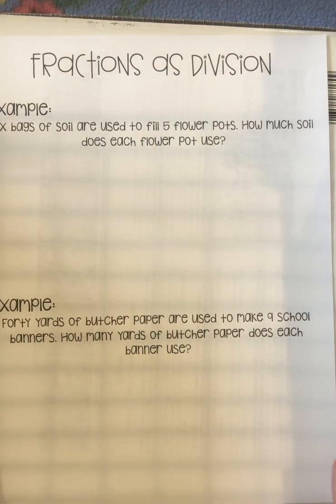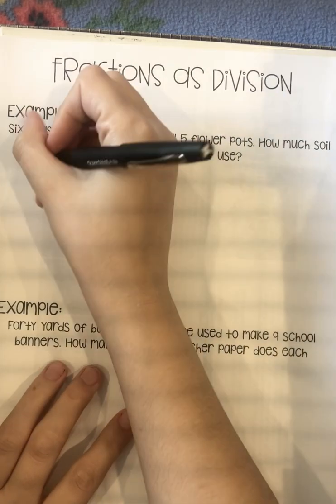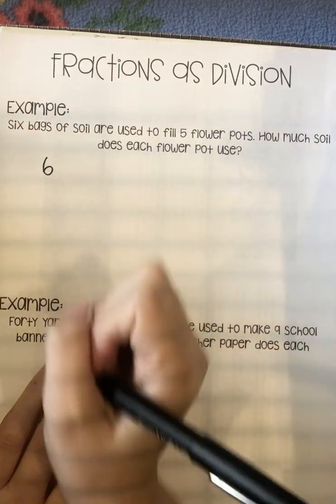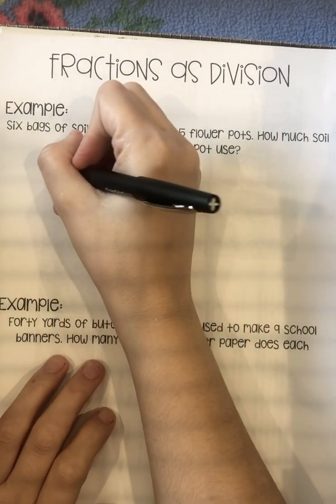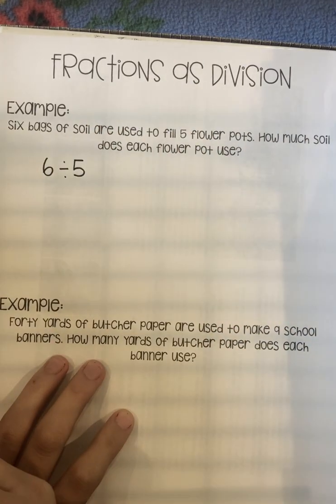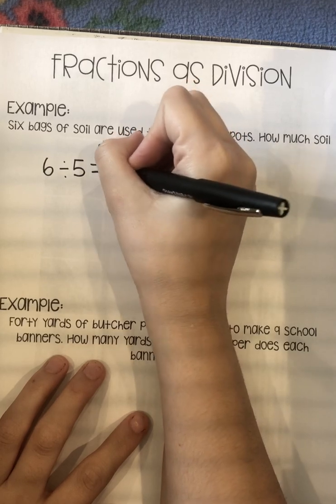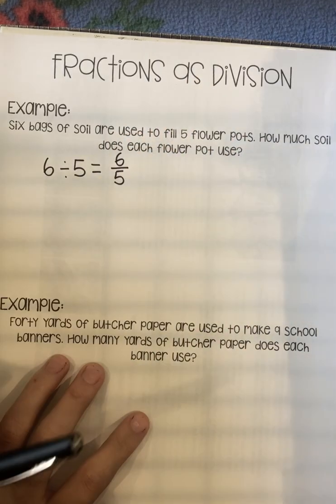So let's look at 2 more examples. Our next example says 6 bags of soil are used to fill 5 flower pots. How much soil does each flower pot use? So if we have 6 bags of soil divided into 5 flower pots, our fraction will be 6/5.